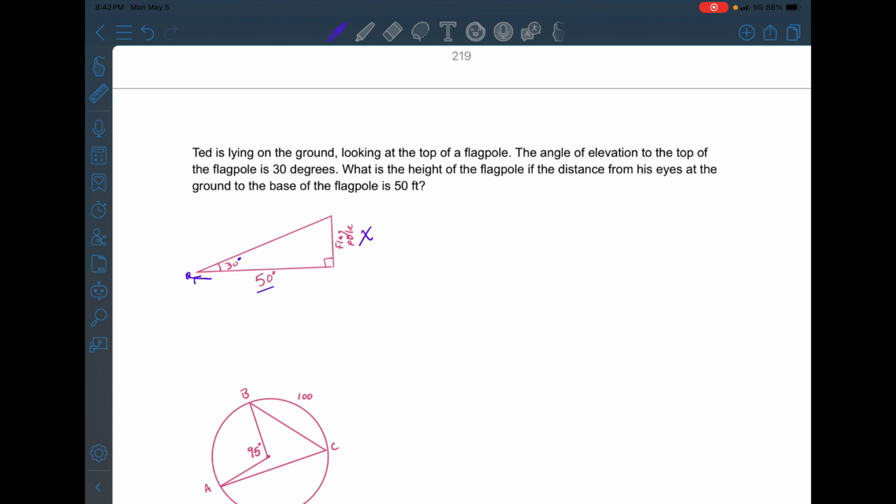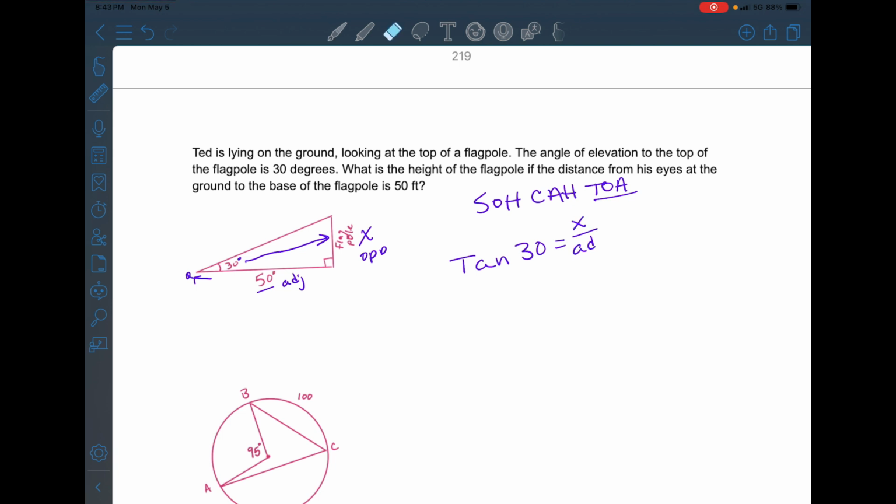So we're going to use this again, but we are not going to use our second sine because we have the angle. So we have to cross over. We have to figure out what sides we have. So we're crossing over, so we have our opposite. And this is not the hypotenuse. This is our adjacent. So we're going to use a tangent. So tangent of 30 degrees equals our opposite over our adjacent.